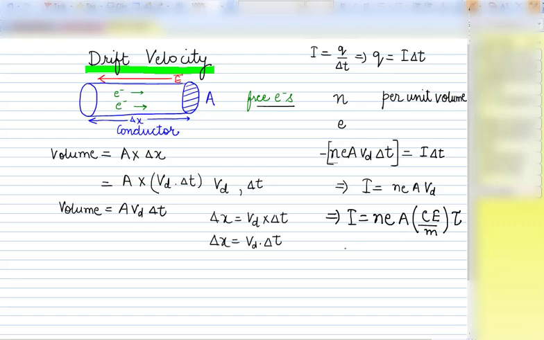So that is the expression we have for the current. Or this may be written as the current I is equal to n e, then in the bracket e E upon m into tau, multiplied with A.